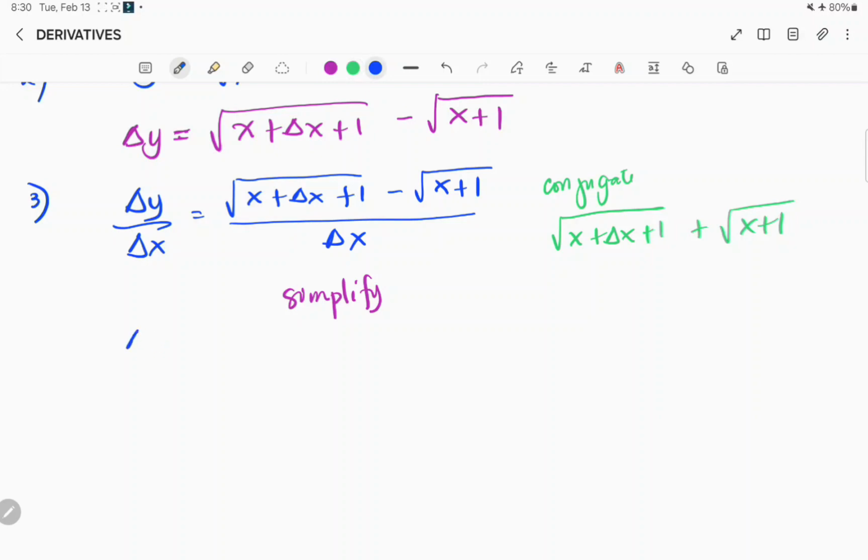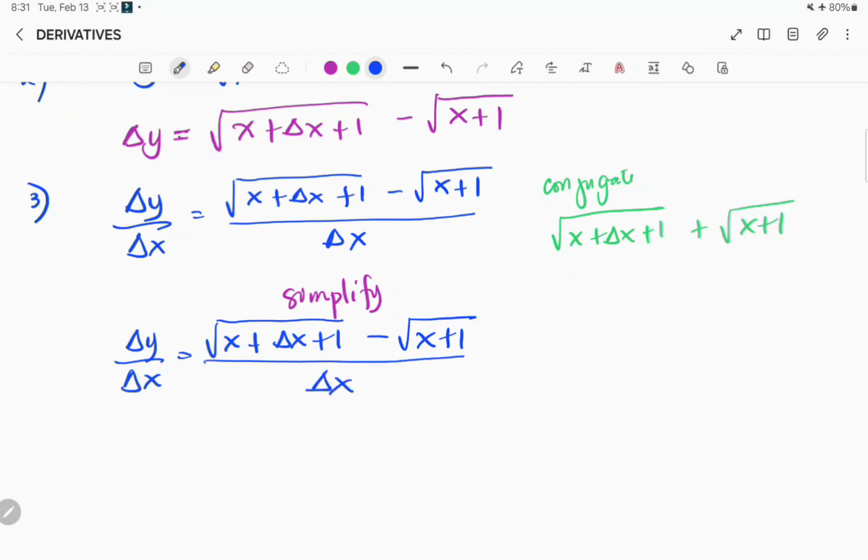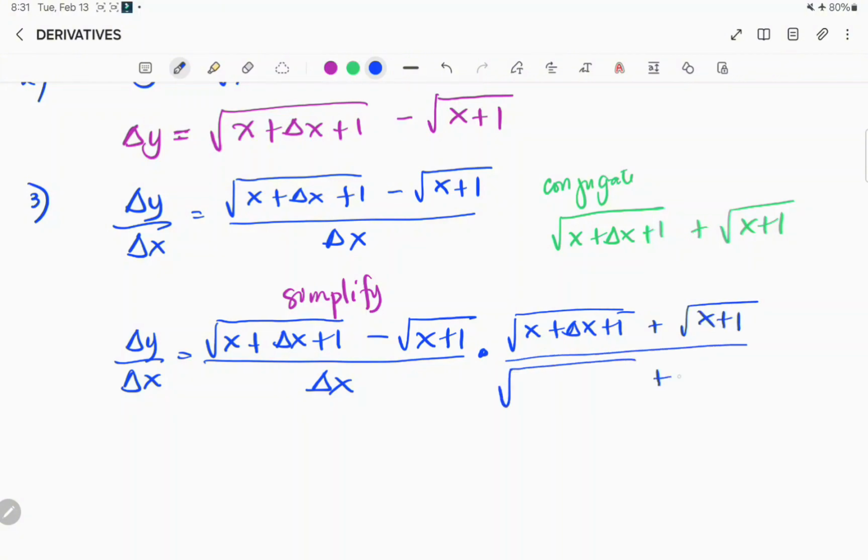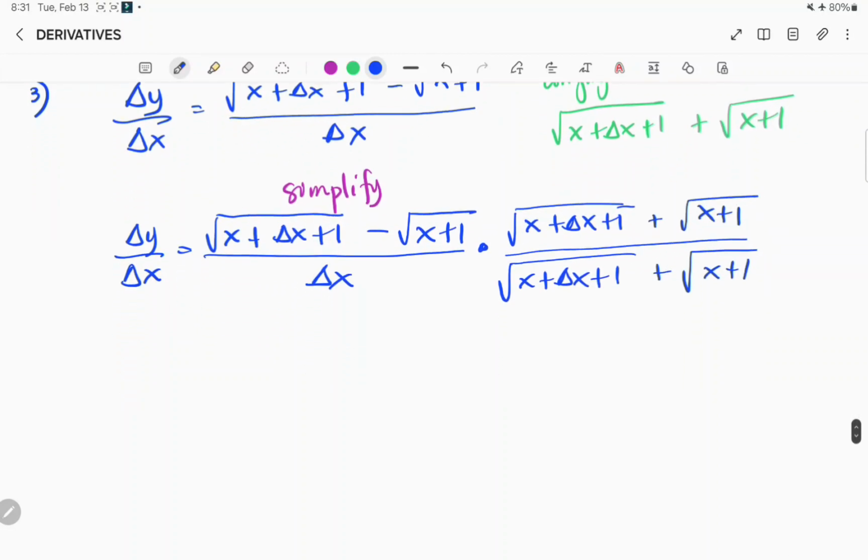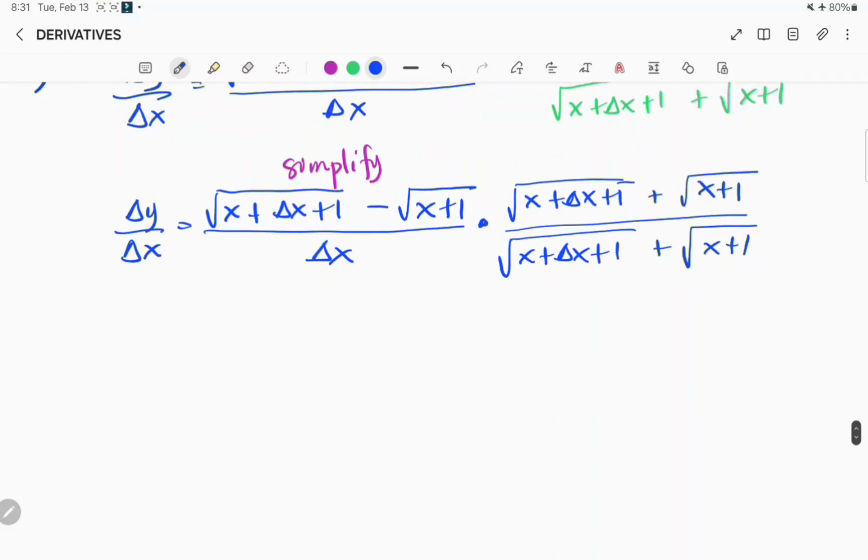It will become change of y over change of x equals, so we just have to rewrite it, over change of x times the conjugate. So the conjugate is the square root of x plus change of x plus 1 plus the square root of x plus 1, as well as the denominator. Now as we simplify this right side, we can observe that this first numerator has an opposite operation in our second numerator.